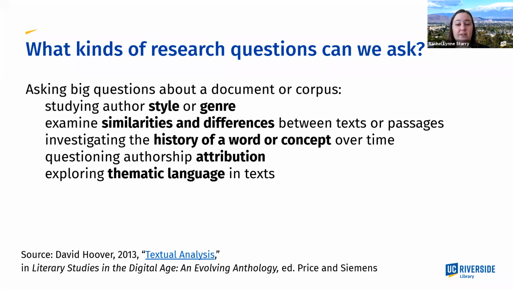We'll actually look at a HathiTrust tool called HathiTrust plus Bookmark that does this really specifically. We can investigate things like authorship attribution, right? So who might have actually been the author writing under a particular pseudonym, or which songwriter actually wrote a particular song that was published anonymously, that sort of thing.